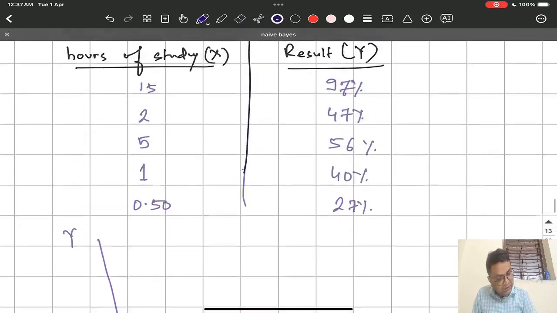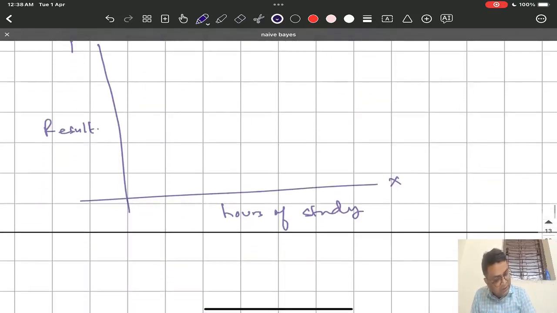Now hours of study we can write like this, 0, 2, 5, and so on, it is going on, and the result is, you can say, 30, 50, 70, 90, and at last 100.